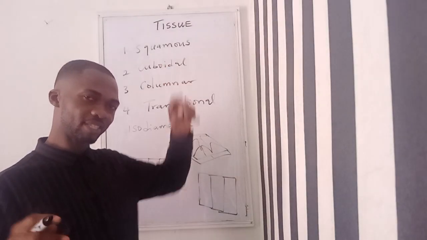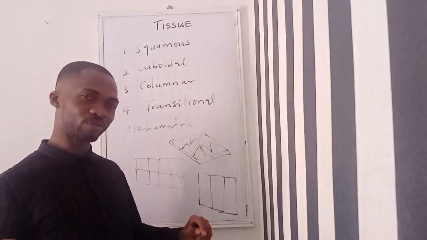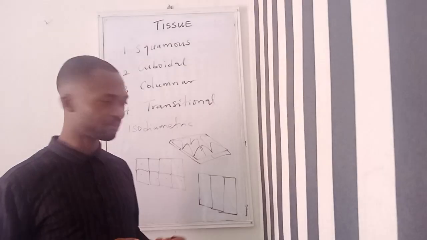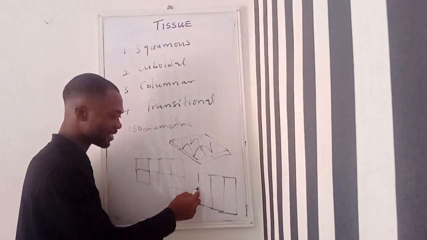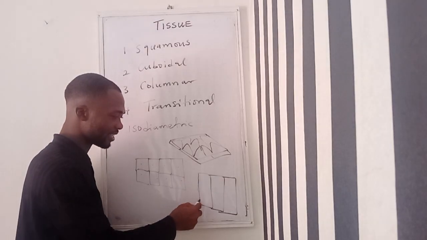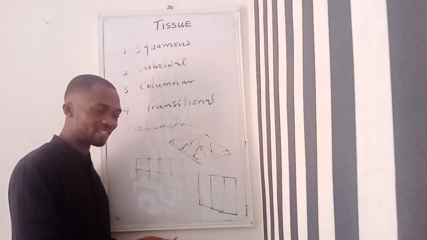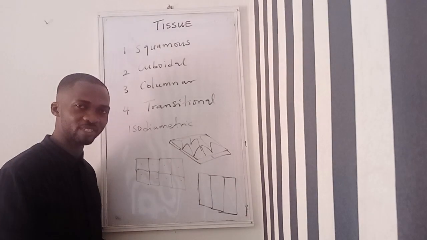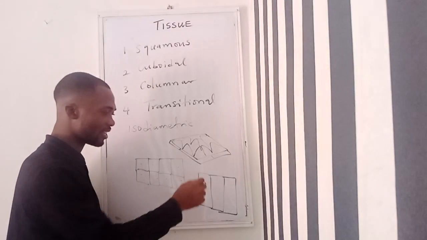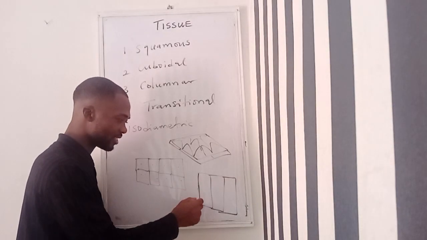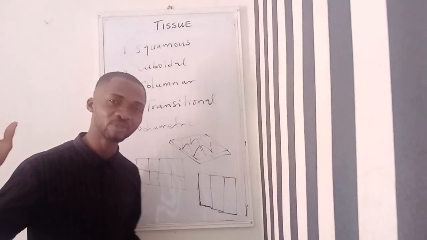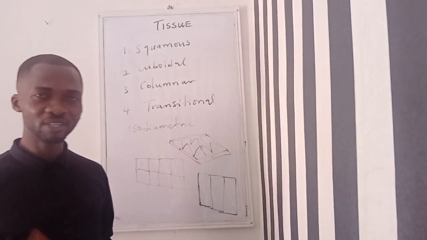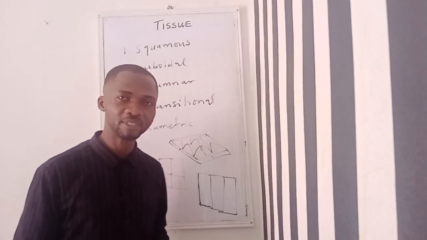So if you look at this shape now, you see that they are higher in terms of length. The length is higher than the width. That is just the summary of it. That is what you can use to remember the columnar epithelial tissue.